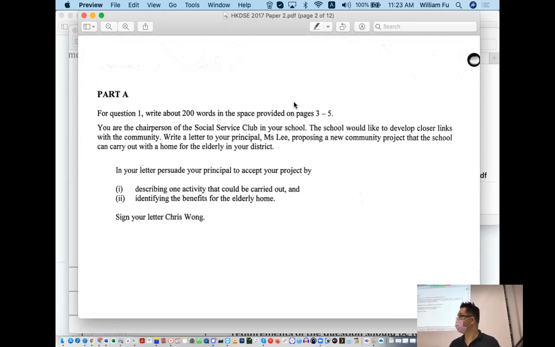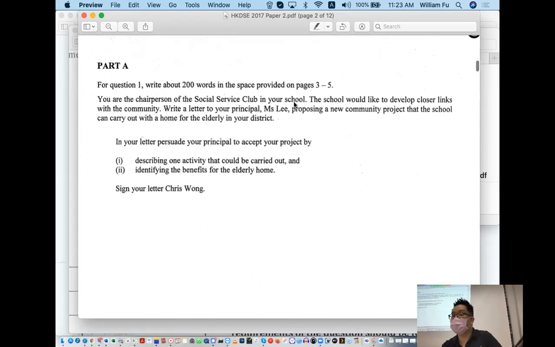What does it mean? You know what they thought? They thought there is a home. Any old people's home. When they went home, they didn't understand it means 老人院. So basically they had the wrong approach, and then that was it.